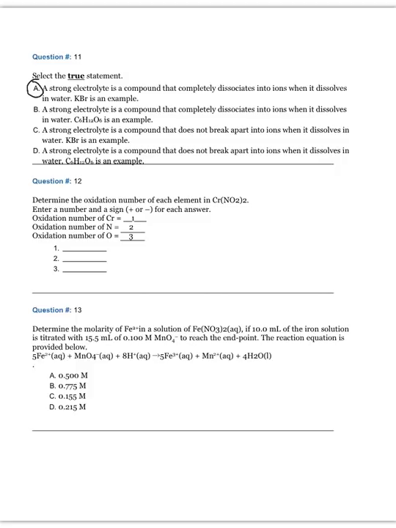Question number 12. Determine the oxidation number of each element in chromium nitrite. Enter a number and a sign, plus or minus, for each answer.